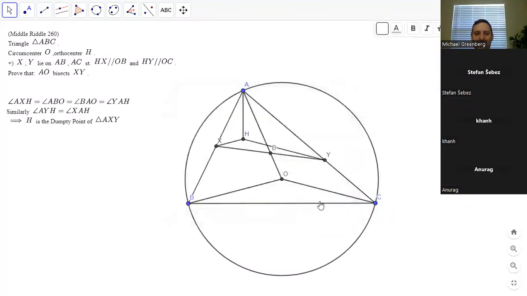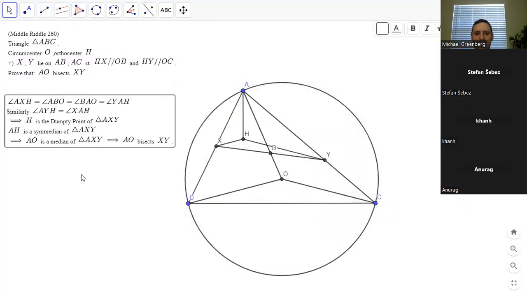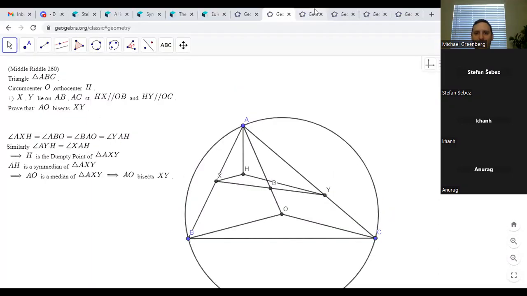Very cool. So yeah, this seems like the most consolidated solution.